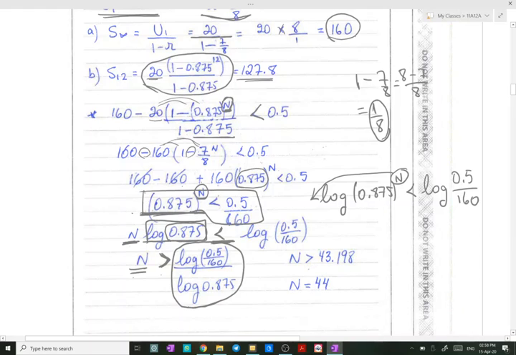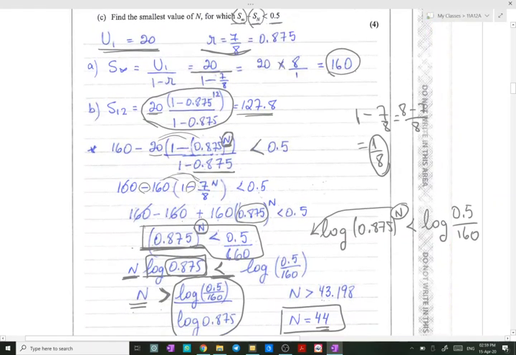And directly after 43.198, the next whole number or integer is going to be 44. So n equals 44 is the smallest value that n can take, in order for us, when we subtract Sn from S infinity, to get the answer to be less than 0.5.